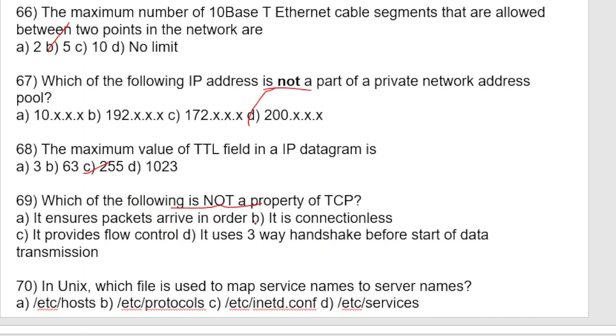So it's B, because TCP is connection oriented and it is asking for not, so this is the answer. In Unix, which file is used to map service names to server names? etc hosts, etc protocols, etc inetd.conf, etc services. दोस्तों it is C.